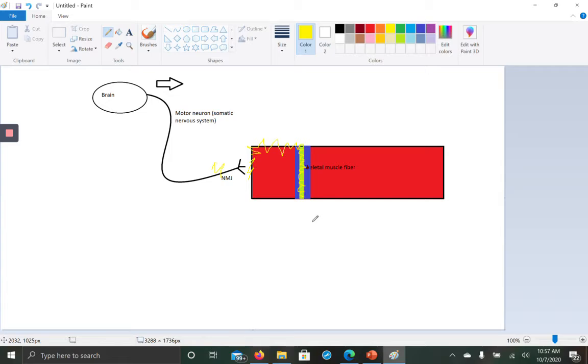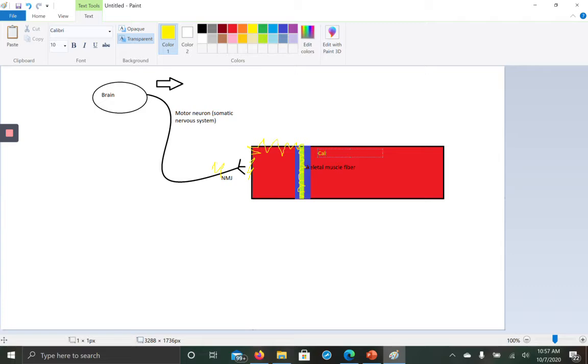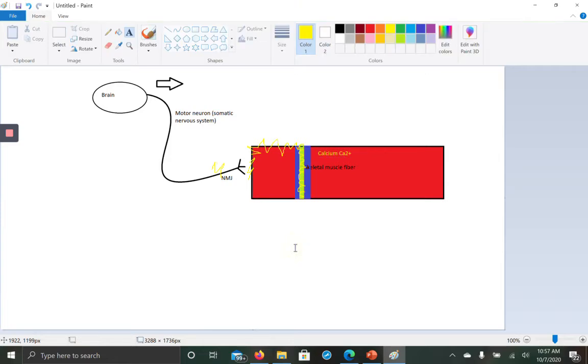There is a protein that attaches the sarcoplasmic reticulum to the T-tubule, and when electricity goes past this protein, it opens a channel, and a bunch of calcium, Ca2+, flows out of the sarcoplasmic reticulum.